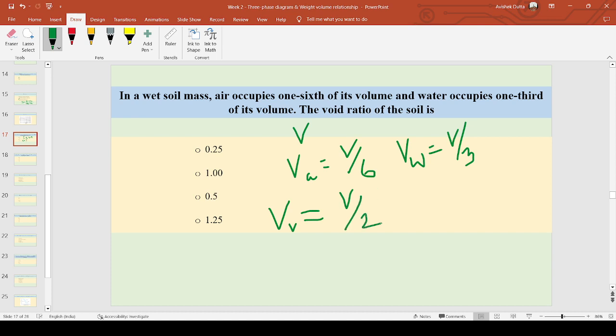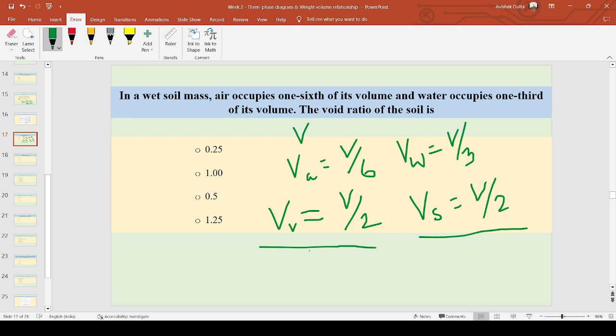So if volume of void is V by 2, then volume of solid is V minus V by 2, that is V by 2, isn't it? So we have got the volume of void, we have got the volume of soil solids. Then what is the void ratio? VV by Vs. So what is the answer? 1.